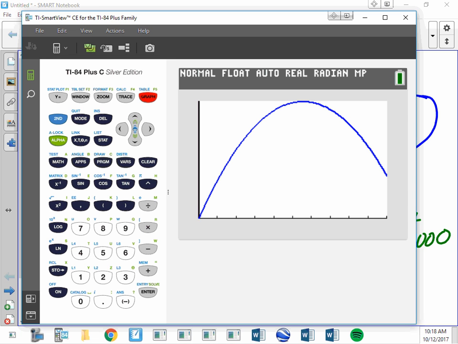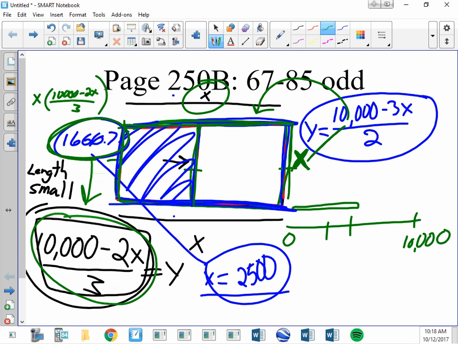Now, when I find my maximum, what will the x value be? It's going to be smaller, but I do know exactly what it's going to be. It should be this number right here.